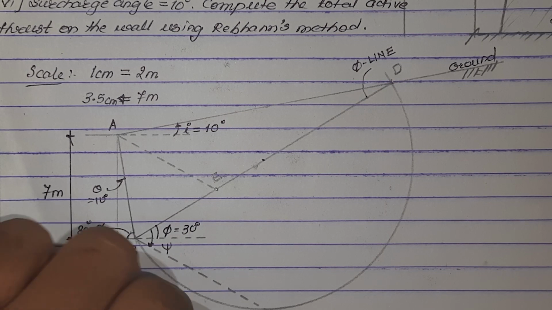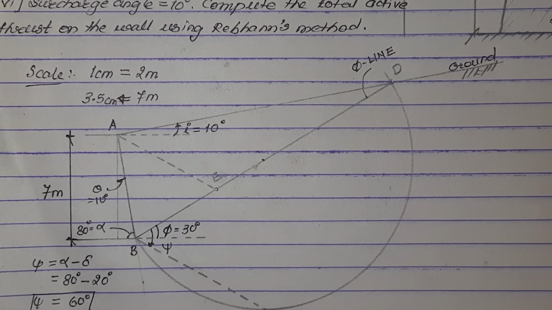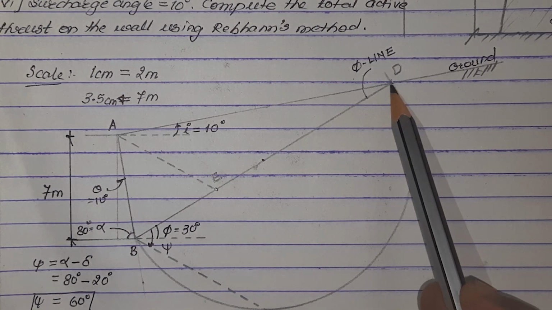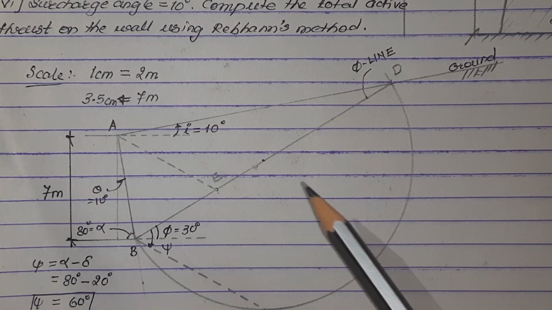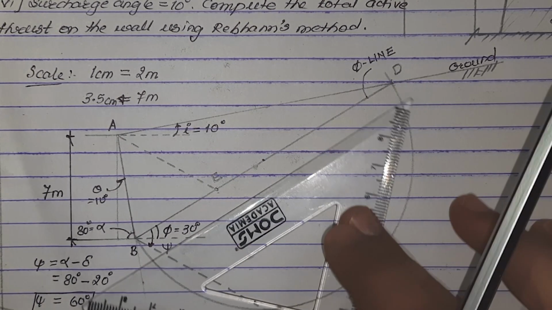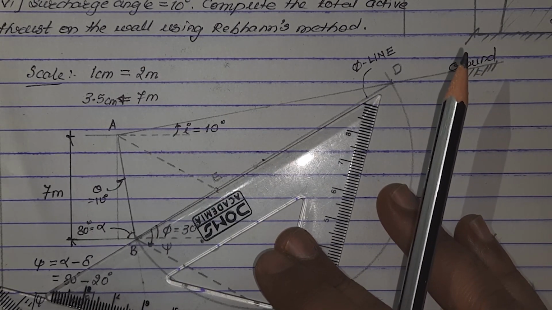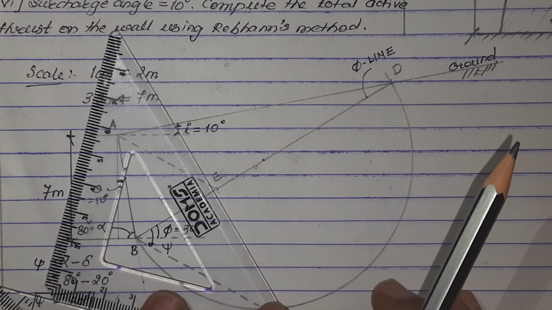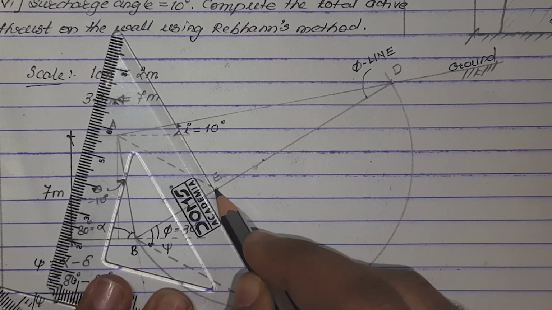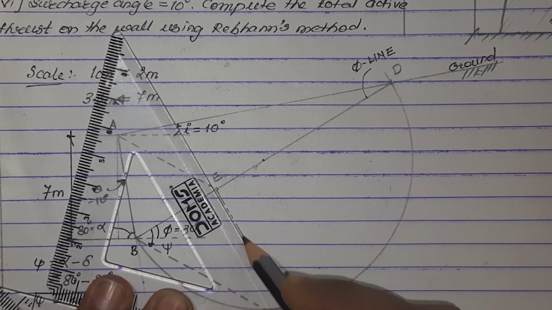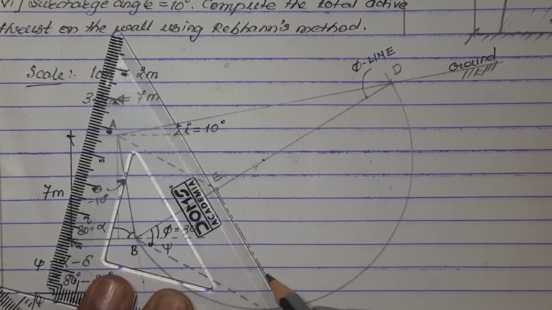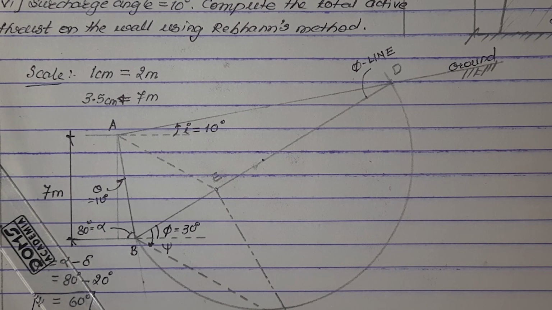After that, draw another line which will be perpendicular to this phi line passing through point E. Draw the perpendicular line. This is that line which is perpendicular to phi line.